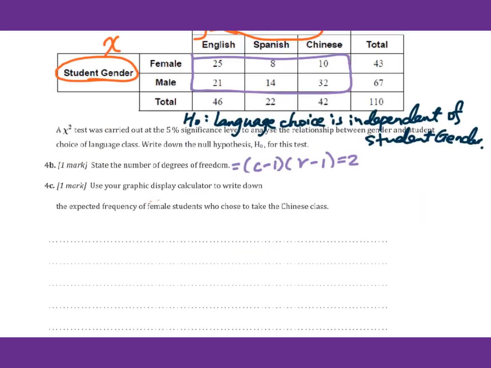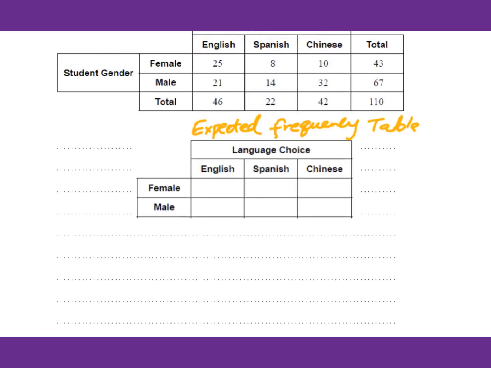For 4C, use a graphic display calculator to write down the expected frequency of female students who chose to take the Chinese class. You have to know without a graphing calculator how to figure out the expected frequency table. Now I will show you how to figure out the expected frequency table from the given information.